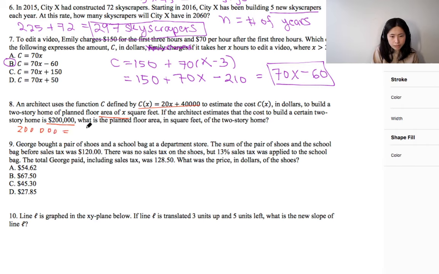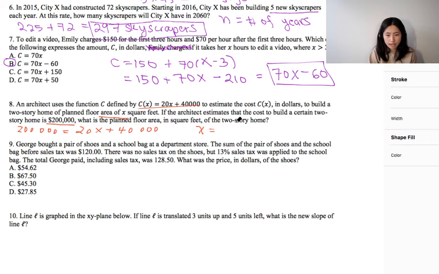And that's going to be equal to 20x plus 40,000. So we just have to solve for x. So 200,000 minus 40,000 gives us 160,000. And we have 160,000 divided by 20 just to solve for x, and that gives us 8,000.